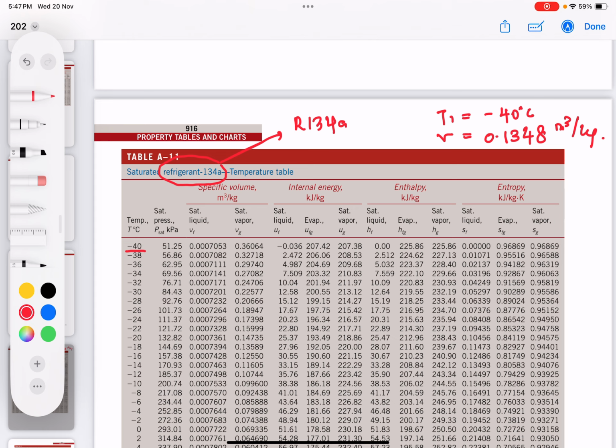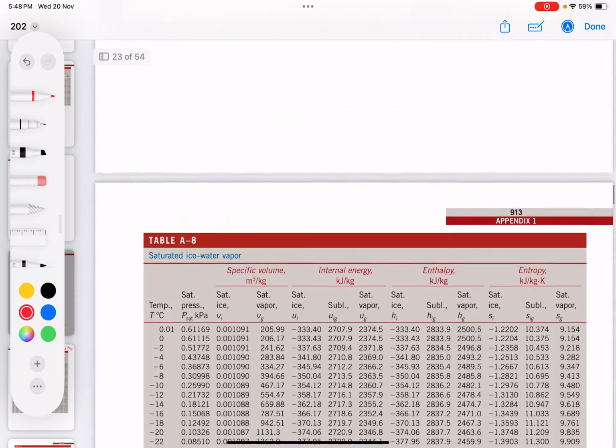By taking a look at this information, I have saturated liquid, vf, equal to 0.0007053, and saturated vapor, vg, with the value of 0.36064. I notice that my specific volume is located in between these two values, between vf and vg. Therefore, I know that state 1 is in the saturated liquid vapor phase.